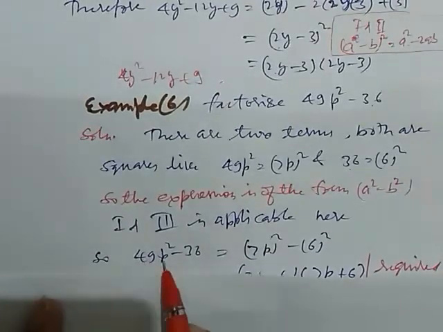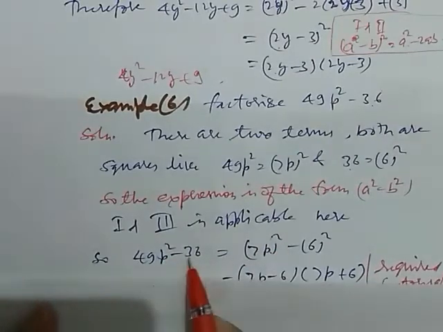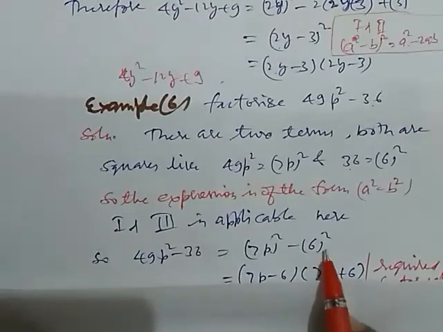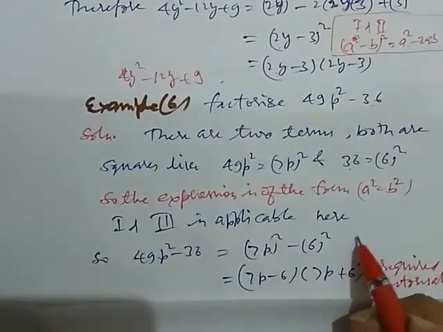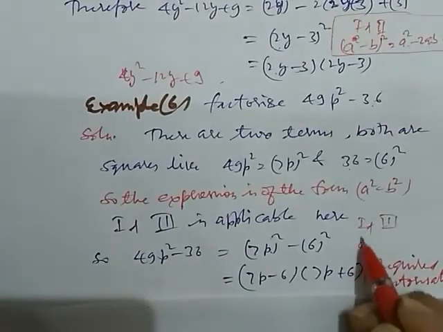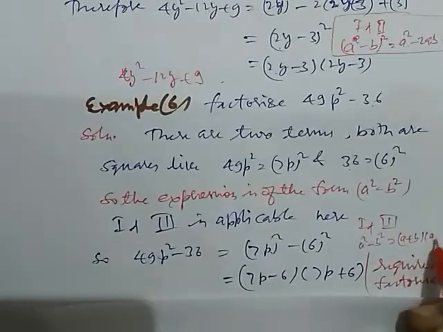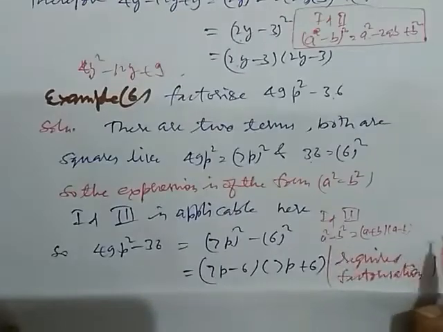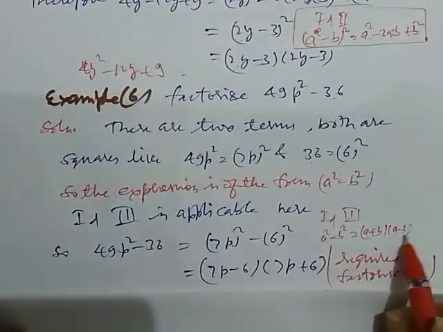This is 49p square minus 36. 49p square becomes 7p whole square, and 36 becomes 6 whole square. So by using identity third, what is identity third? Identity third is a square minus b square equal to a plus b into a minus b.